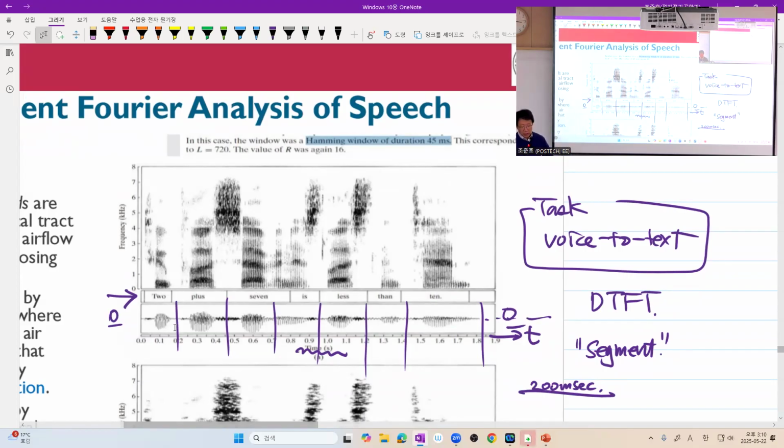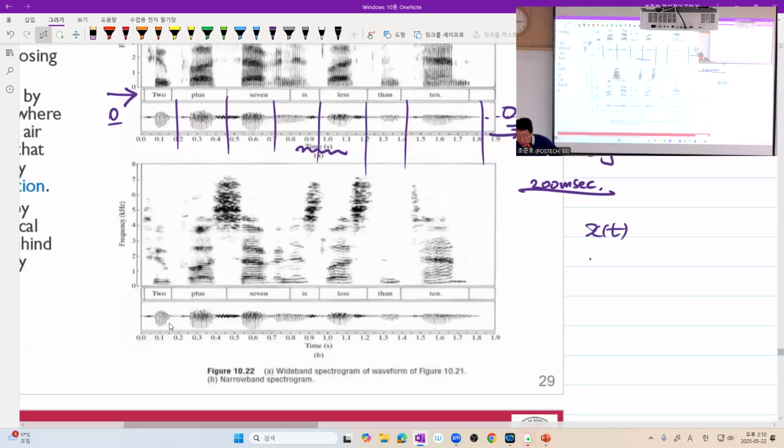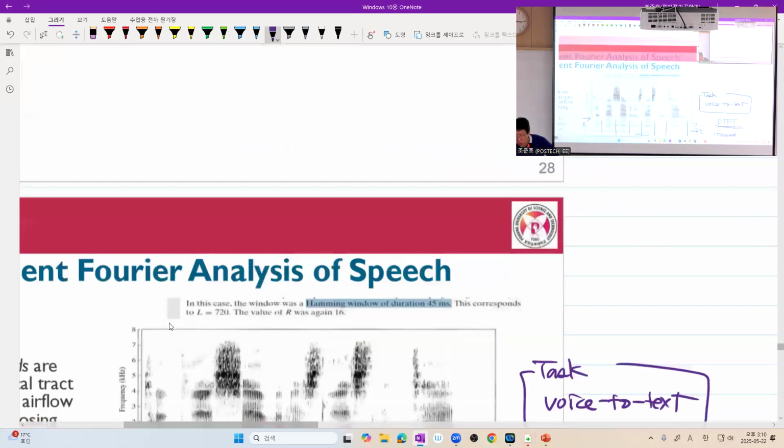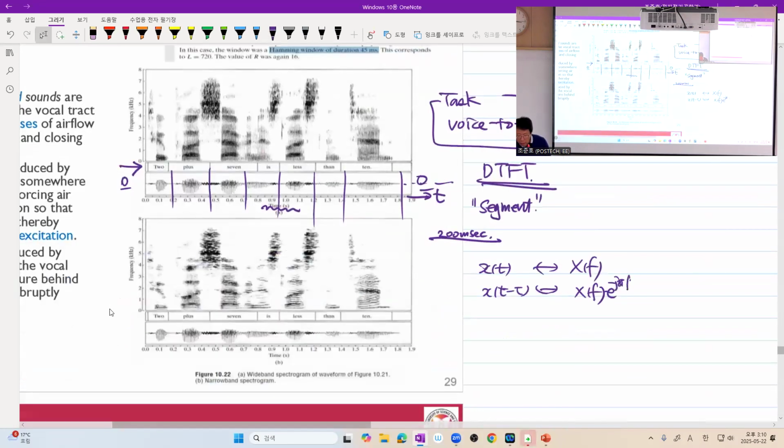So given the signal, they just wanted to have something similar to DTFT, but much better at reflecting the instantaneous information. Consider that we know that x of t and x of t minus some tau have what? Spectrum almost the same when we only see the magnitude or intensity, right?